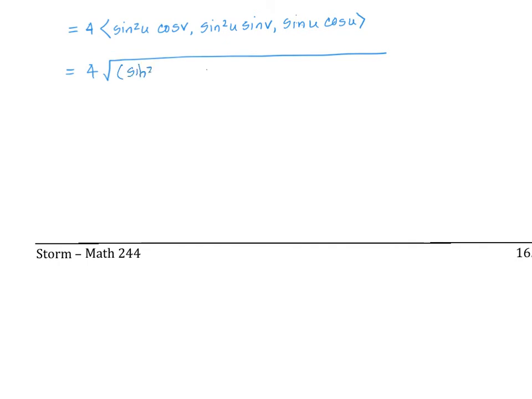Sine squared u cosine of v squared plus sine squared u sine of v squared plus sine of u cosine of u squared. And I'm going to do this on the other page. Okay.